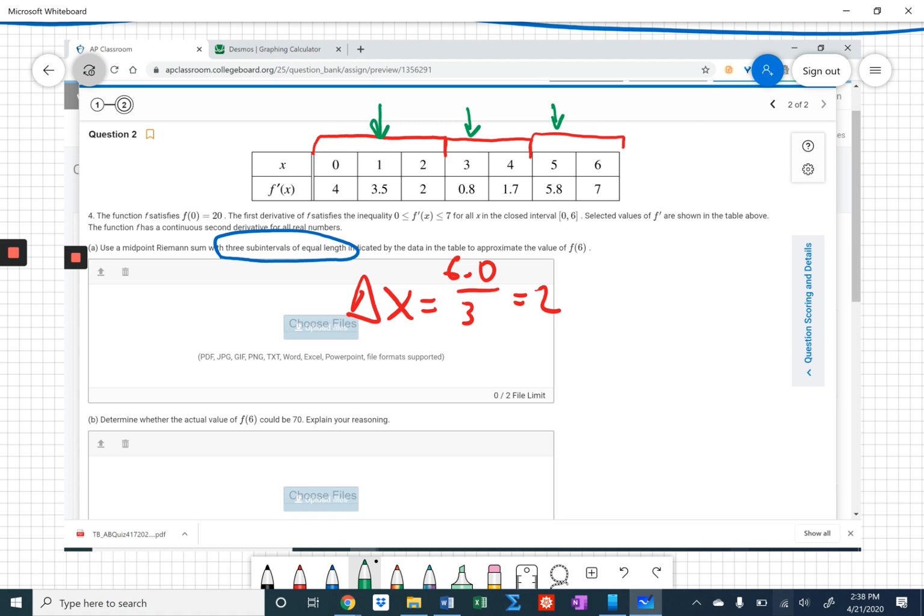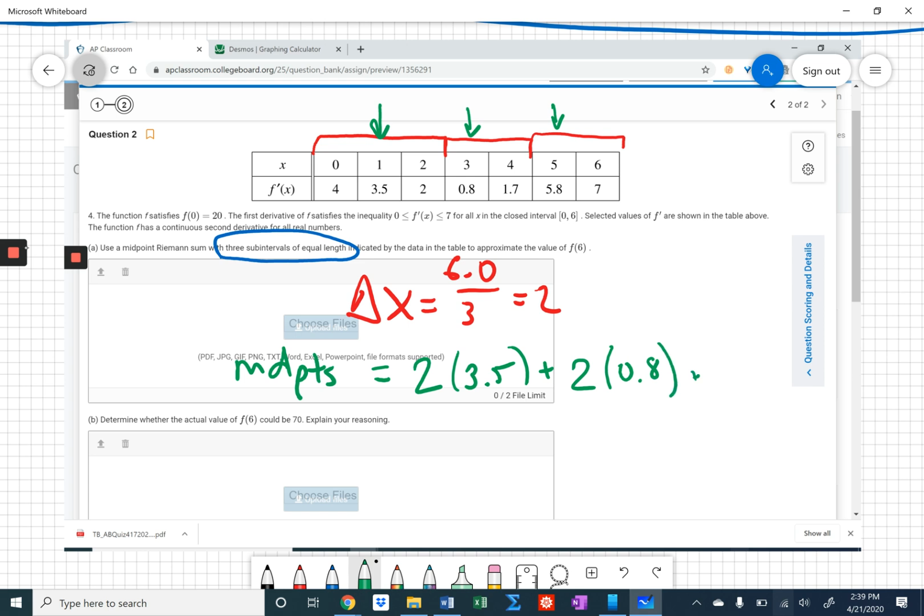So to do my midpoints here, it's just the area of a rectangle. So what's the first rectangle? Well, it's got a base of 2. They all have a base of 2 because we said equal length, and the height's coming from the midpoint, so it's 2 times 3.5. What's the second one? Well, the second one, again, base of 2. The midpoint is 3, so the output there is 0.8.